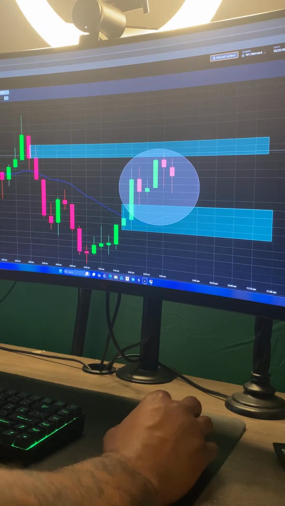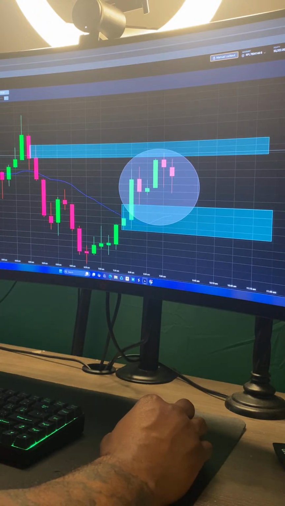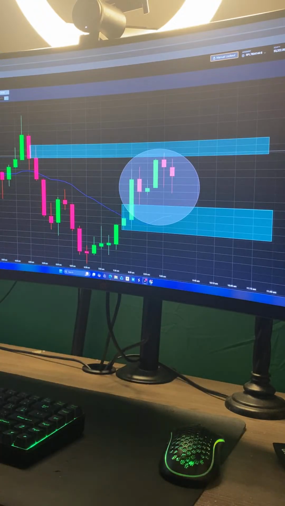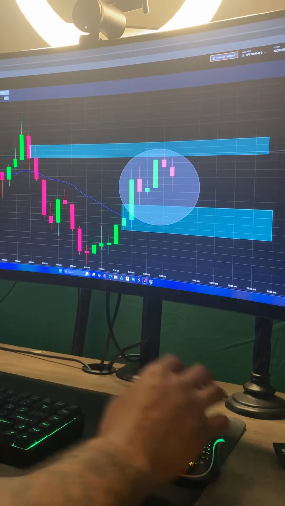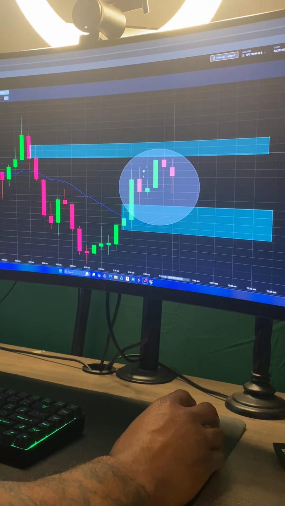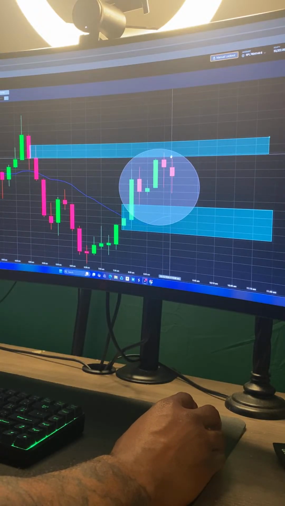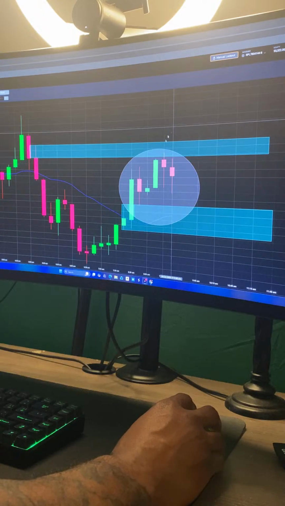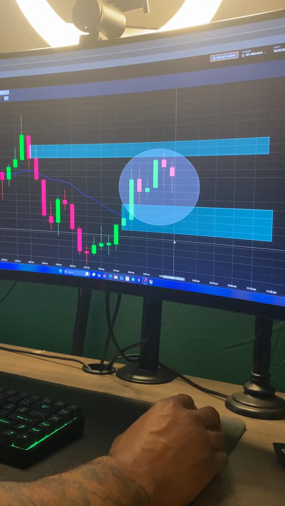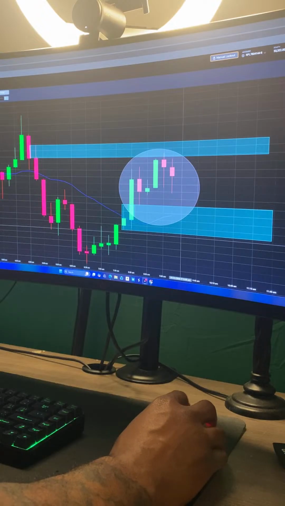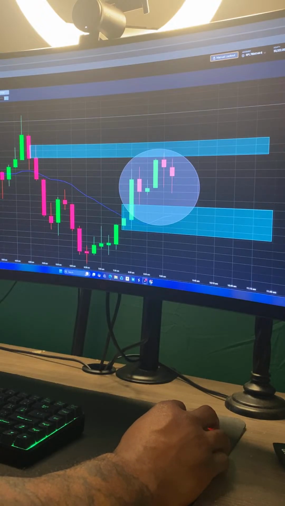All right, y'all. Like I said, what we want to do is focus on this section alone right here. Shout out to the live chat. We'll get in if it breaks out through this rectangle, which would be the ceiling, or through this rectangle, which would be the floor.